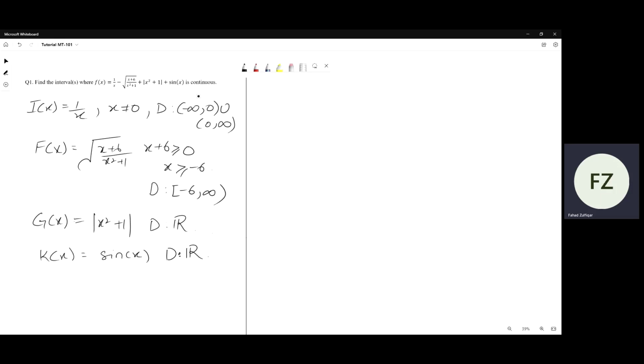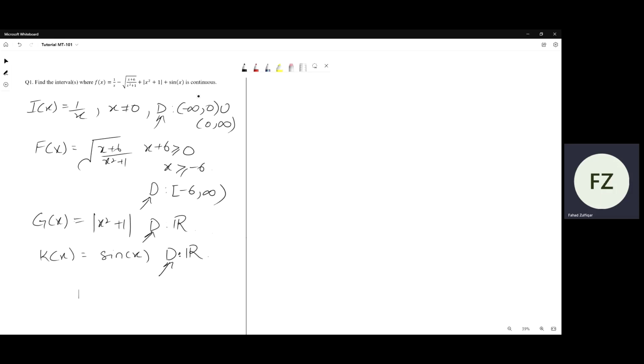Now, out of all these 4 functions, the domain of function number 1, function number 2, number 3, and 4, what we'll do is find the common domain which lies in all of these 4 functions.